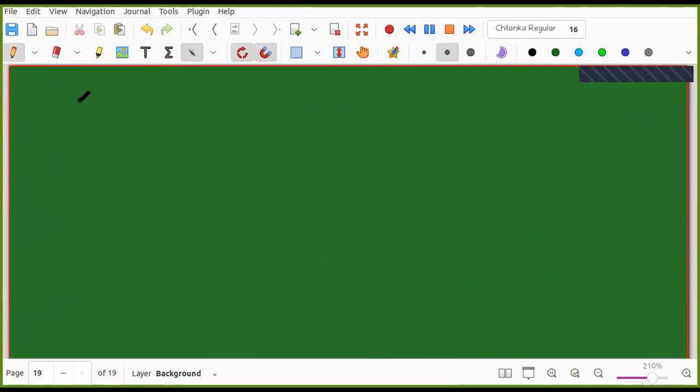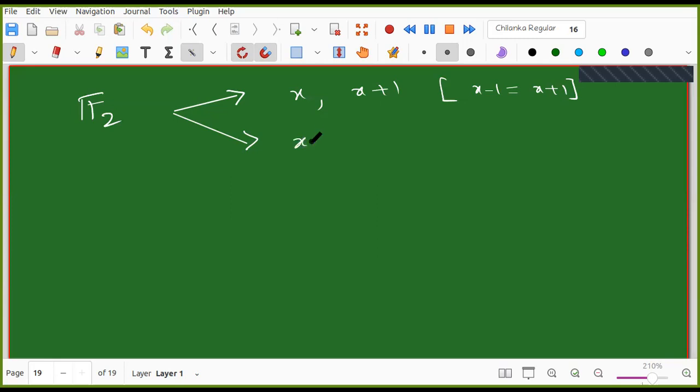Over F2, the polynomials of degree 1, which are irreducible, are x and x plus 1. Don't worry that x minus 1 is equal to x plus 1. Now degree 2: what are all the polynomials? Look at x square, which is x into x.